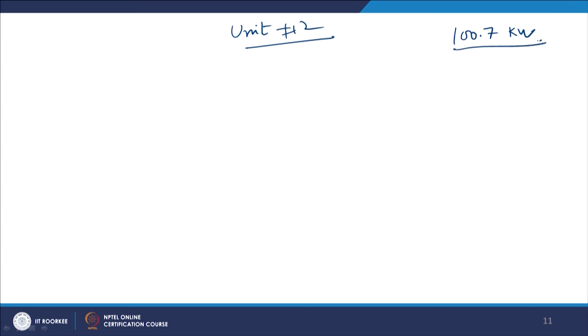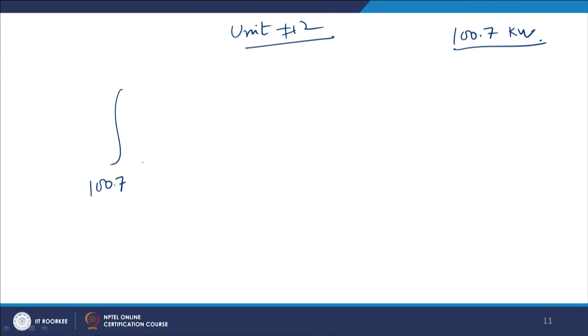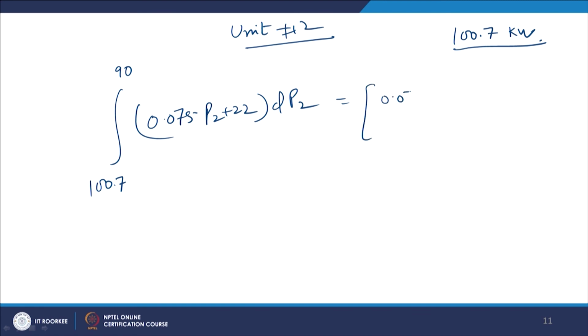Now the output of unit 2 has to be reduced, so we go from 100.7 to 90: the integral of (0.075 P2 plus 22) dP2, which is equal to 0.075 by 2 P2 square plus 22 P2, from 100.7 to 90.